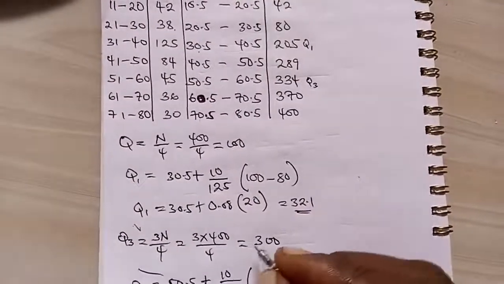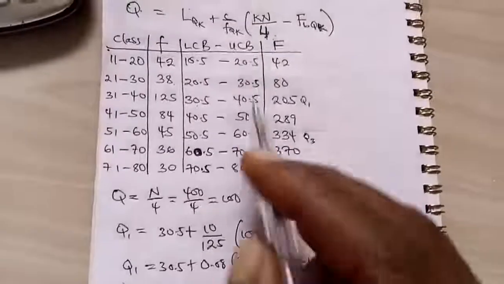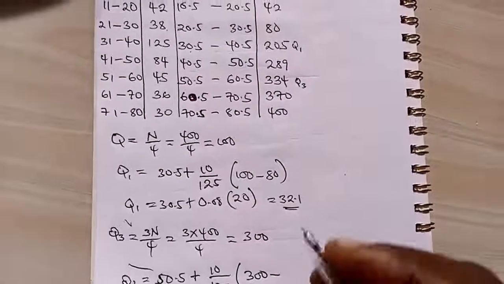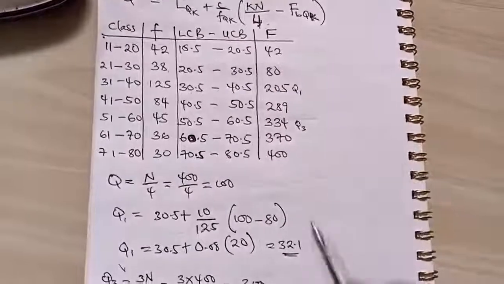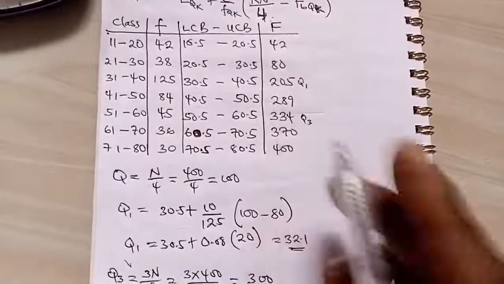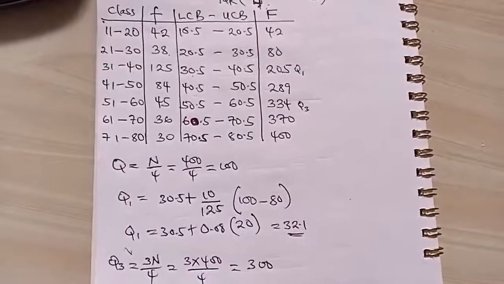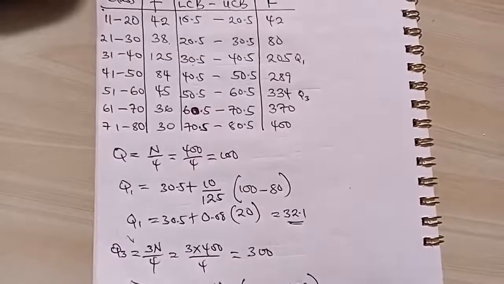Times, we have already resolved 3n to be 300, that's here. So 300 minus the cumulative frequency of the class before that third quartile class, which is 289. So if we resolve here, we're going to get 11. If I resolve here, we'll get 0.22.